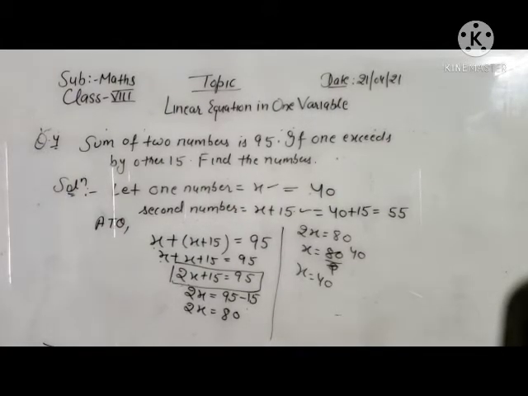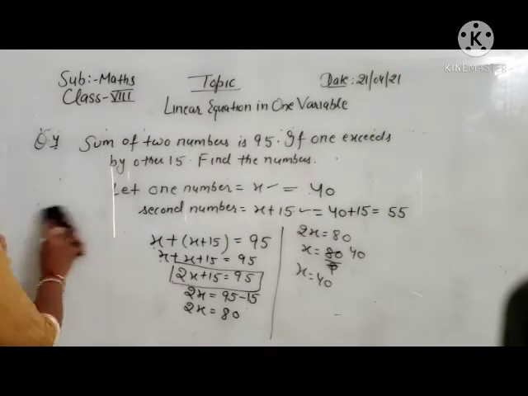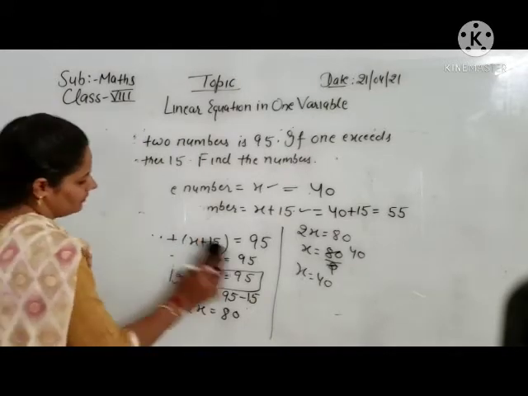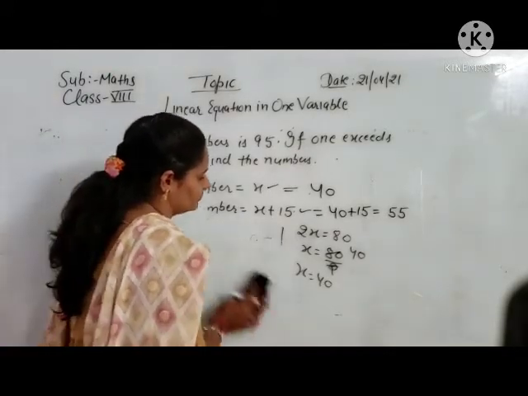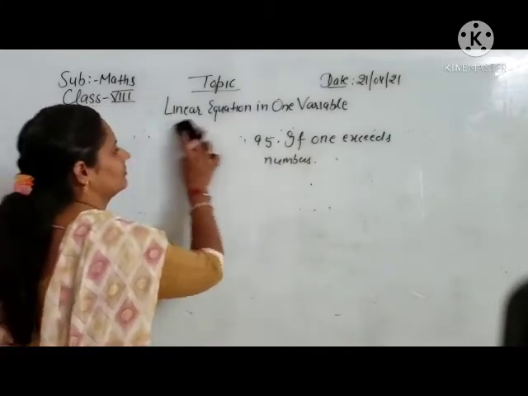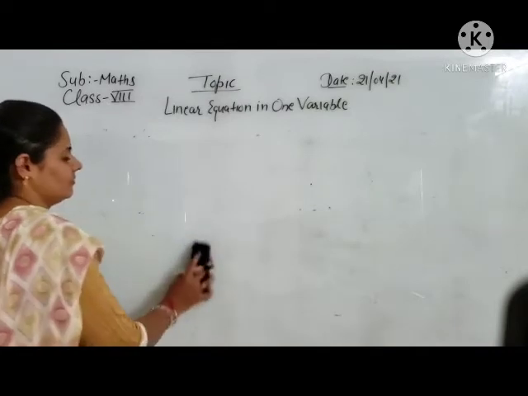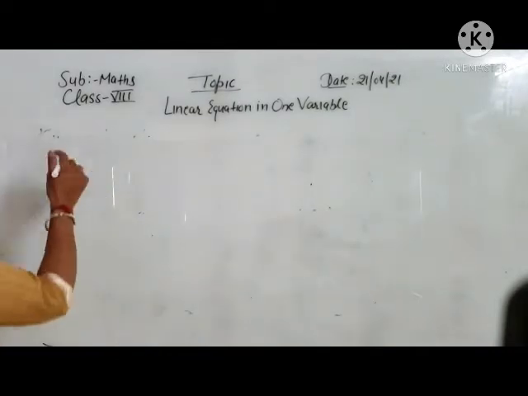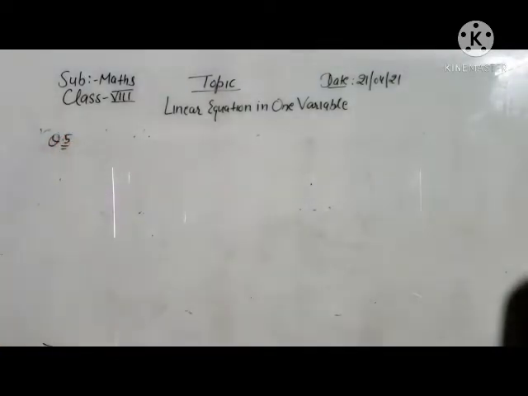Now one more question. Next question we will start. Question number 5. What is question number 5? Yes. Two numbers are in the ratio 5:3. If they differ by 18, so what are the numbers?